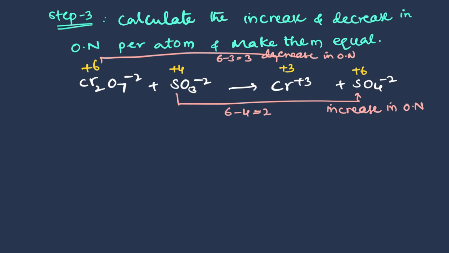Per atom means here there are two chromium atoms, so the change in oxidation number is 3 and the number of atoms is 2.